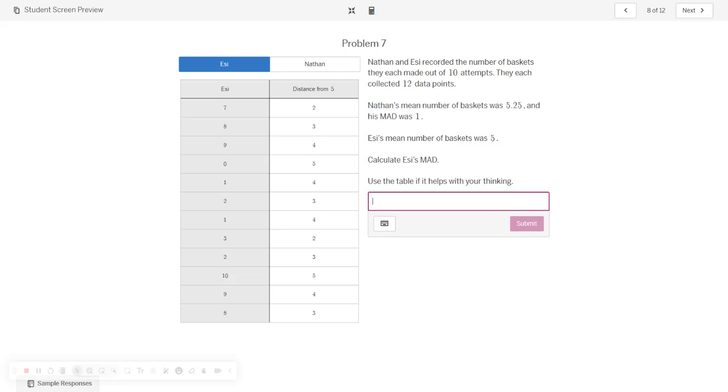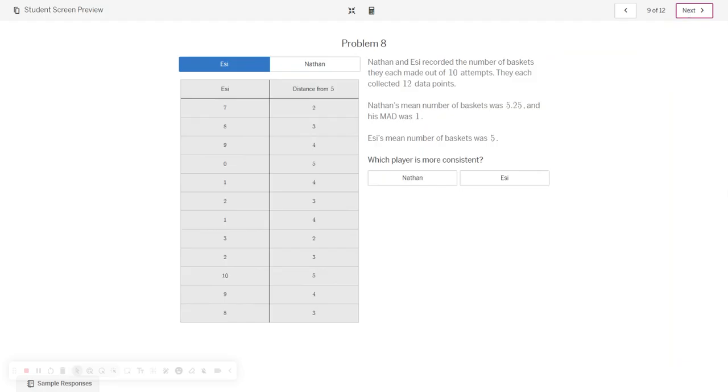I'm just going to write 42 divided by 12. And it gives me 3.5. Good. It does the calculation for me. Let me double check my math. 2 and 3 is 5, plus the 5 is 10. 4 is 18, 21, 25, 30, 39, 42. Yep, I'm going to go with that.